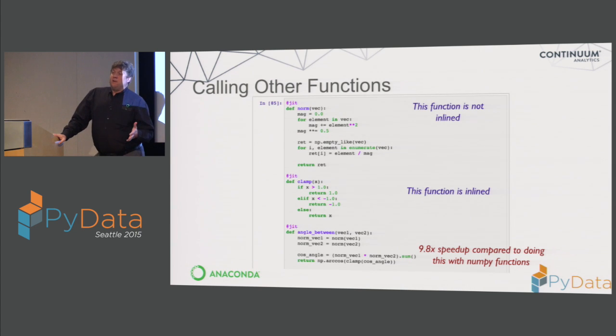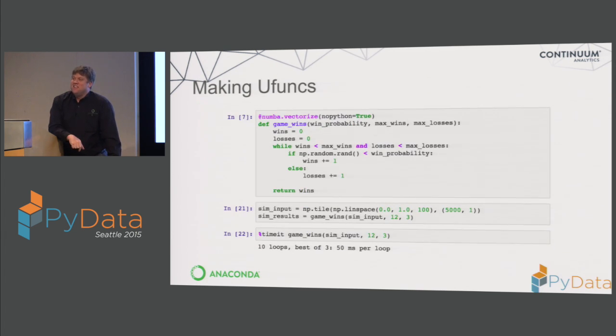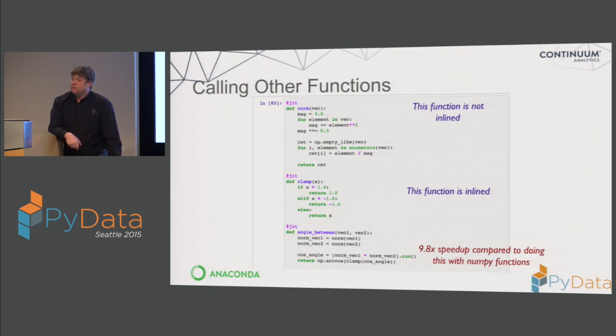Now, one thing I love about Numba, you have a question in the back. The question was, is there a way to know that something's been inlined or not? Yeah. There are environment variables you can set that give you more information about outputs. You can also get the LLVM produced by the function and even the machine code produced by the function.